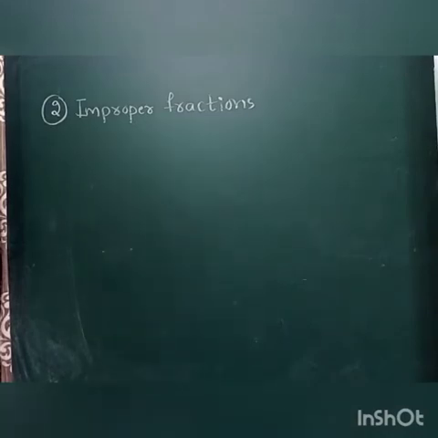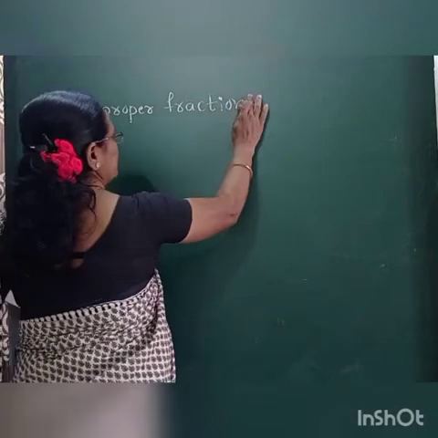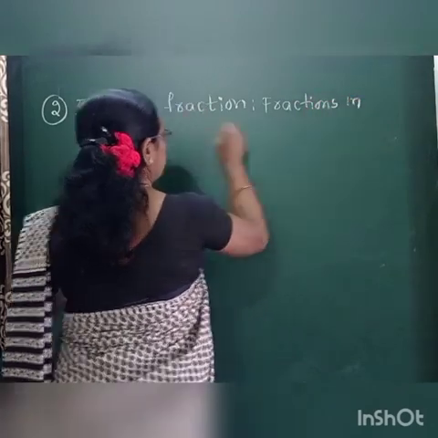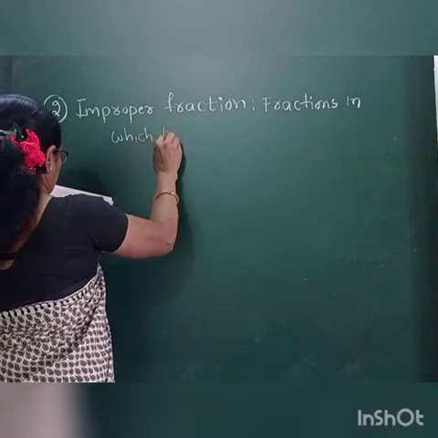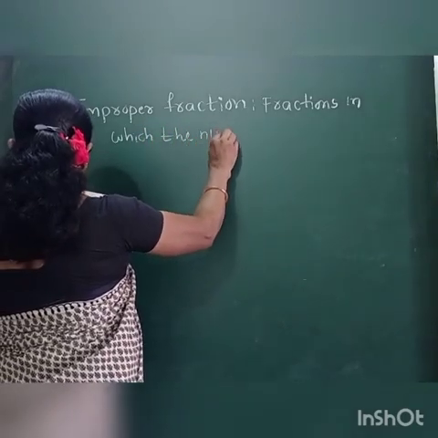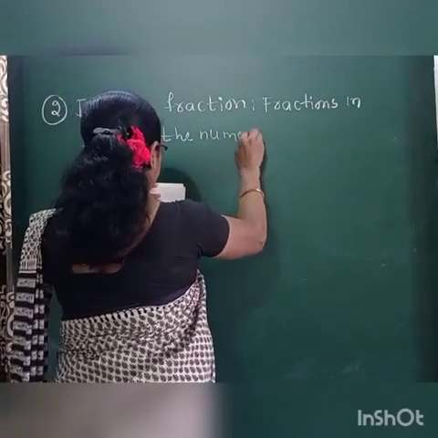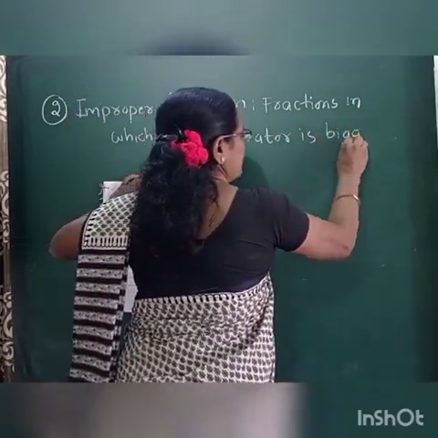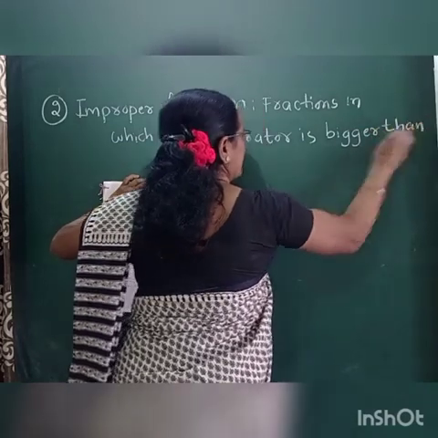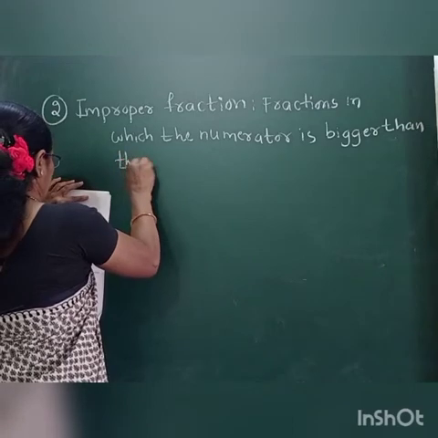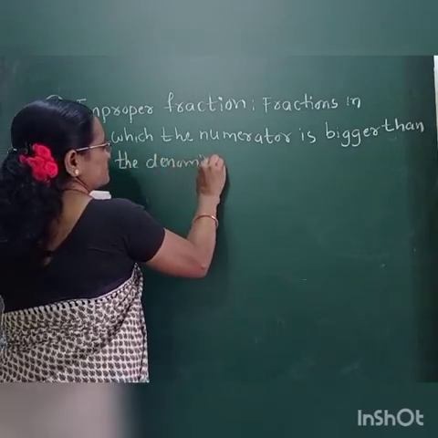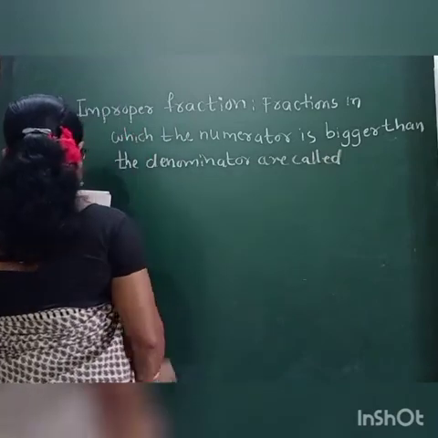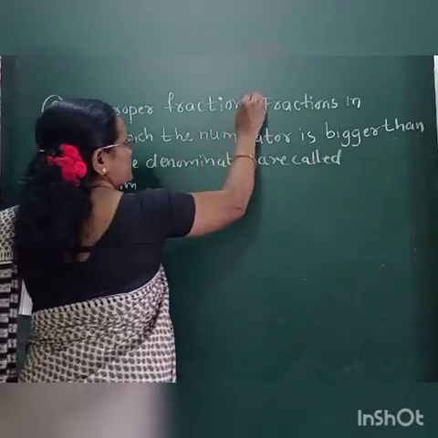Second one, improper fraction. Fractions in which the numerator is bigger than the denominator are called improper fractions.